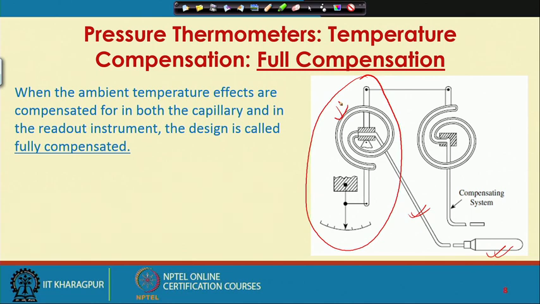Now, I take an exactly identical system or exactly identical element and connect them as shown.